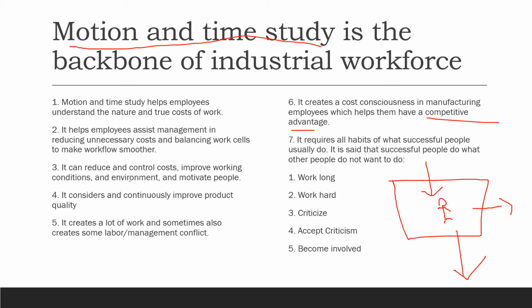It requires all the habits of what successful people usually do to run that system. It doesn't matter how you study, what kind of standards you come up with. The people that you're hiring, if they can't keep up with that standard, your company is going to have an issue right there.